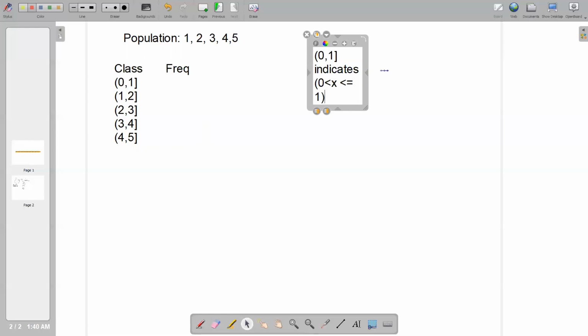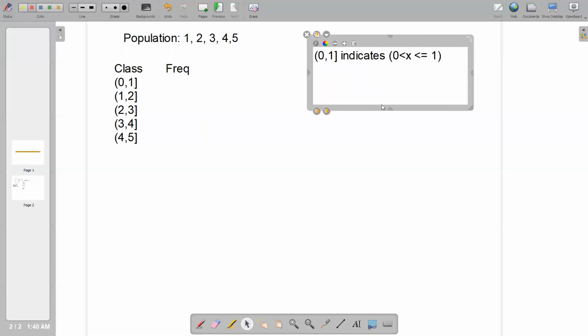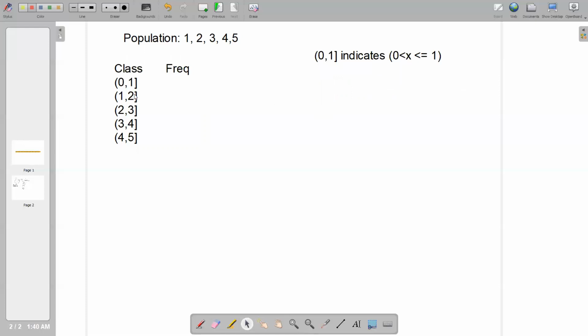So basically it's right inclusive. The bracket side is inclusive, the parenthesis side is exclusive. We make it this way so that we don't have any overlaps between the classes, which is required for the frequency of each class.